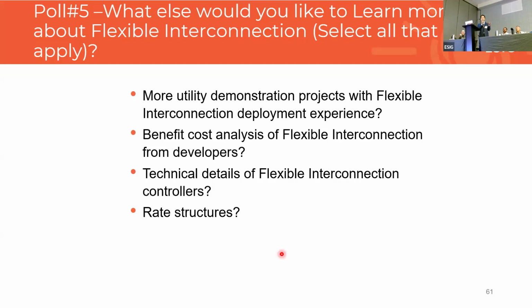One is Avangrid in the northeastern US. The other one is ComEd in Illinois. And indeed, ESIG is trying to work on a white paper to summarize their experience. So stay tuned, more details will come. But definitely, if this is aligned with your thought, we will do that.